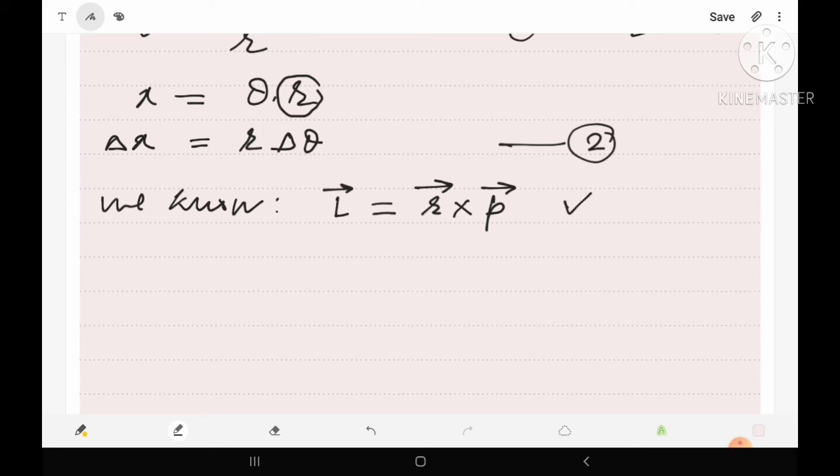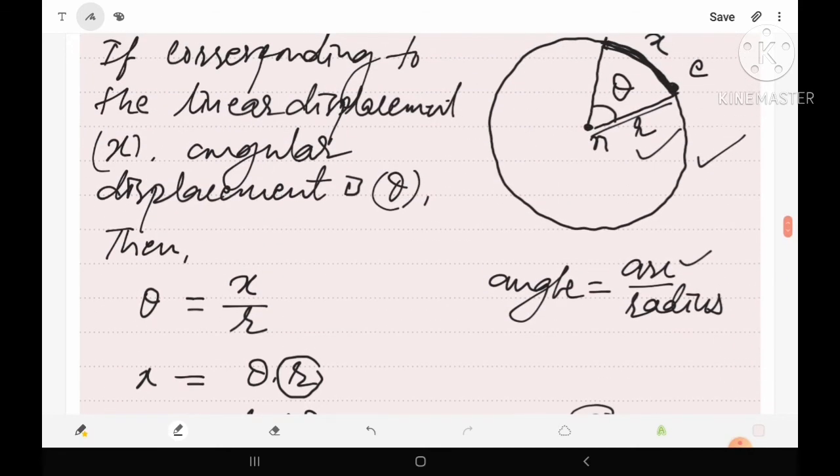So vector L is equal to vector R cross P. Momentum means mass into velocity, so we can write m vector v, where m is the mass of the revolving electron.